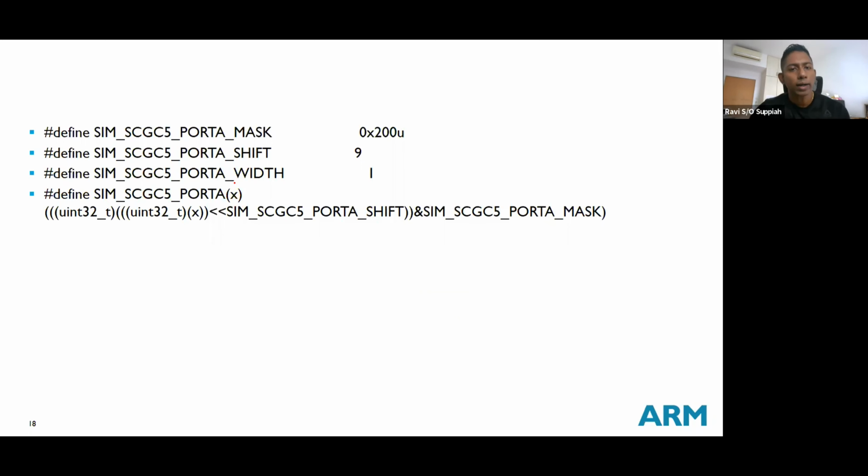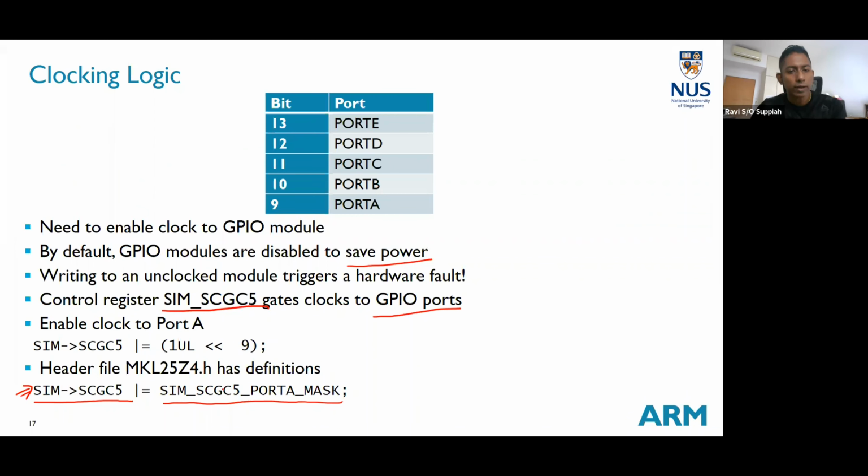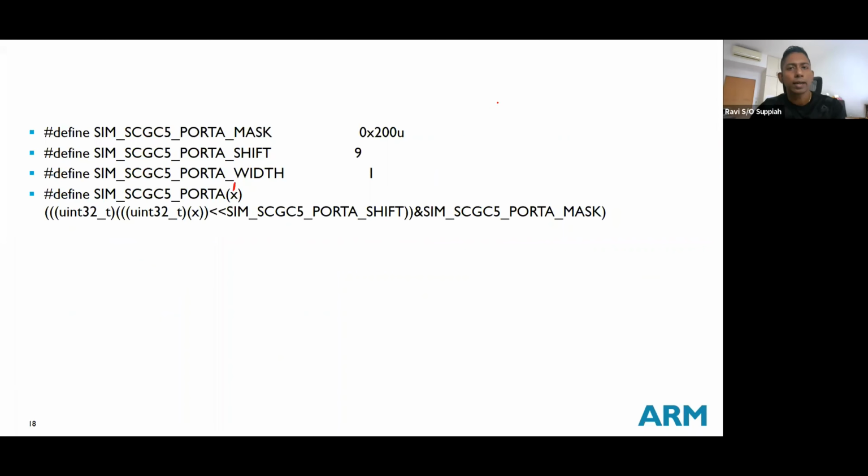If I were to call this macro, instead of SCGC5 port A mask, if I were to write it as SIM SCGC5 port A and I put a 1, then what happens? The 1 is the X, correct? So the X here is a 1, and I shift left by this amount, which is port A shift. And how much is port A shift? Port A shift is 9.